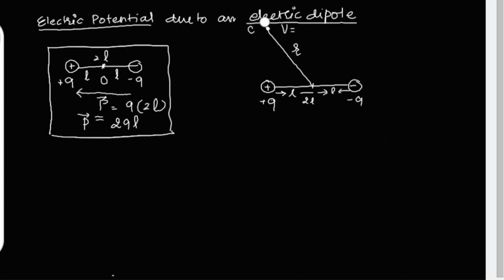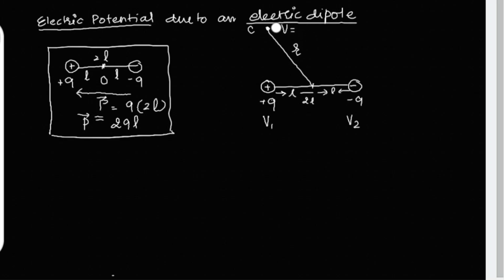This V is the effect of the potential due to the charge plus q and due to the charge minus q. So let us consider V1 is the potential at the point due to the plus q charge, and V2 is the potential due to the minus q charge. What will V be here?